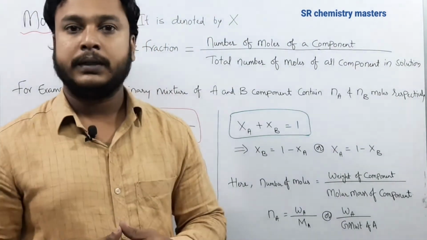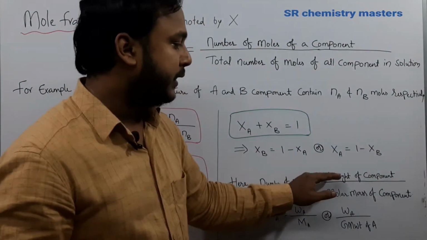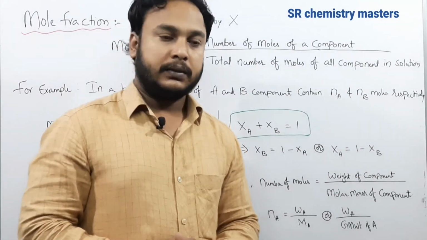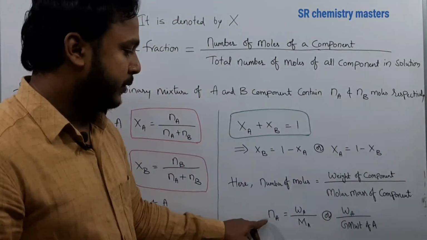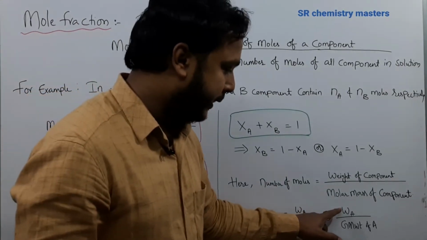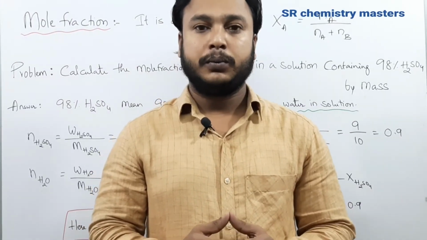Here remember that the number of moles of a component is equal to the weight of the component by the molar mass of that component. For example, N of A is equal to Wa by Ma, or Wa by the gram molecular weight of A. Let us see a problem related to mole fraction.